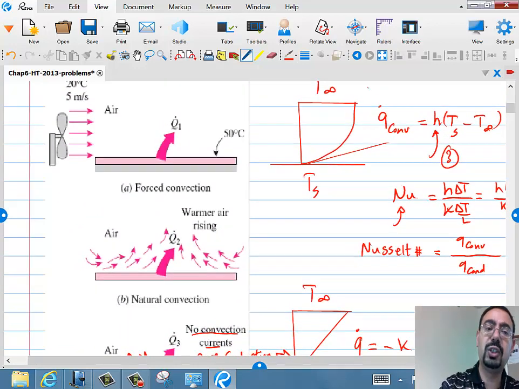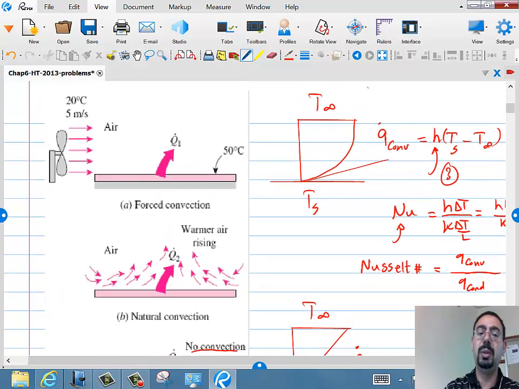This is called natural convection, and if you are blowing with a fan, it's called forced convection. Natural convection is not really a good mechanism: you leave your food on the table and it takes forever to cool down, but if you put a fan on it, that happens really quickly. So we will not depend that much on natural convection unless we are forced to.